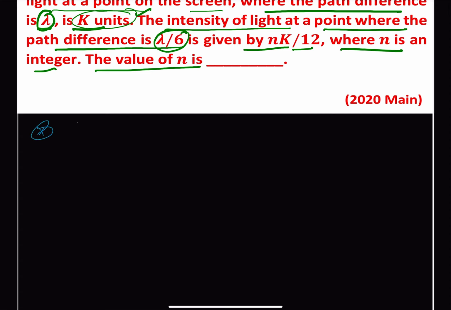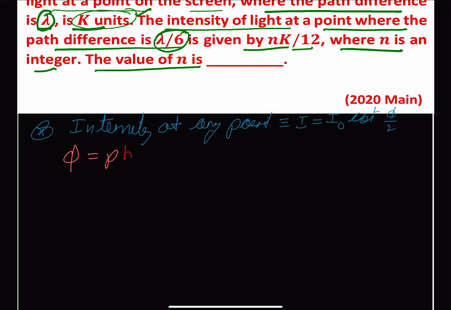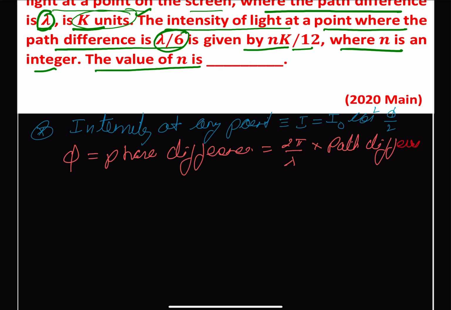Here phi is our phase difference, which can be further written as 2 pi upon lambda multiplied by the path difference, which is given as delta x.